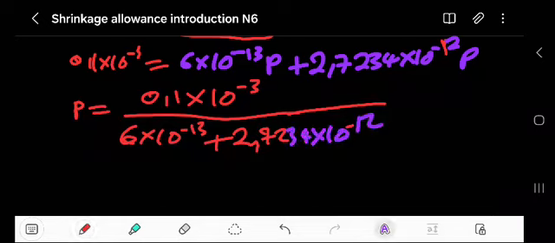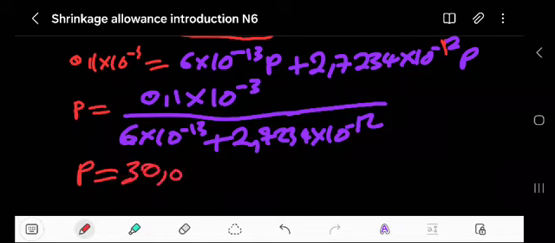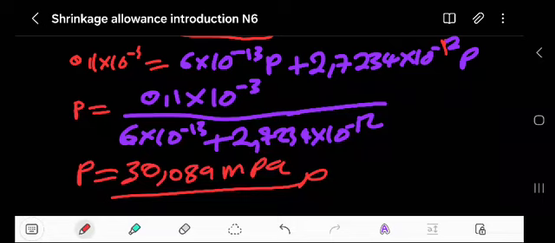If we do this at the same time, straight away we'll get the value. P will simply equal 8.089 megapascal.